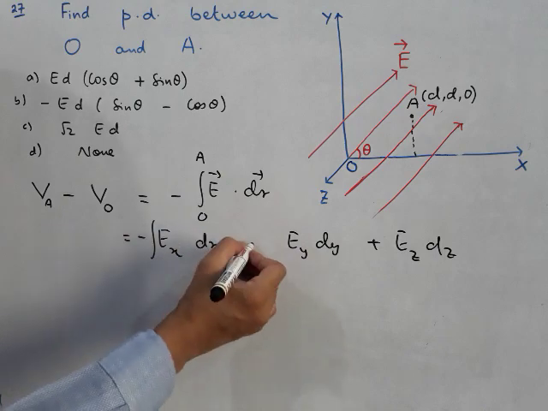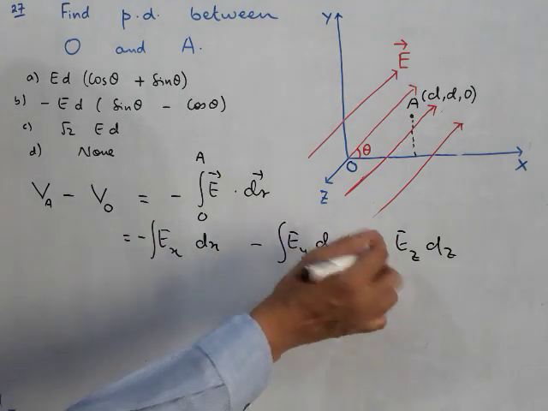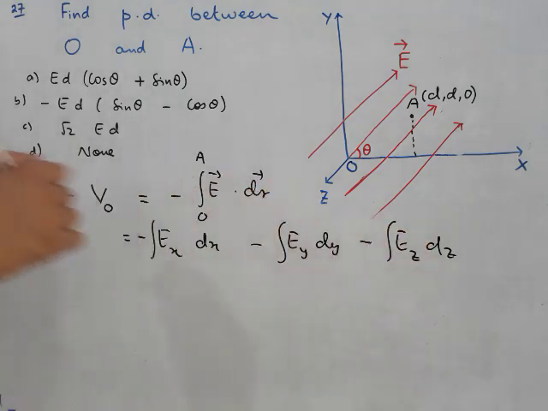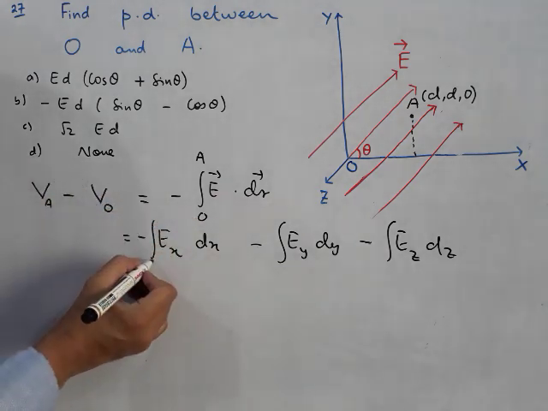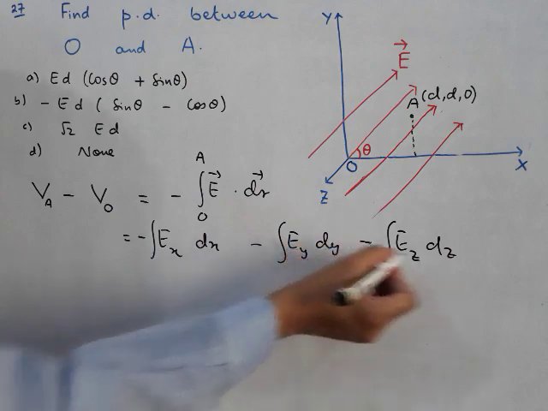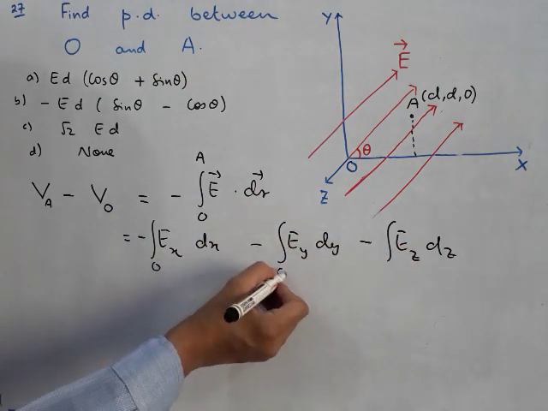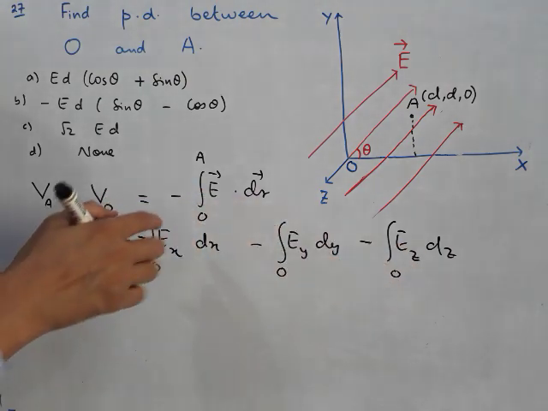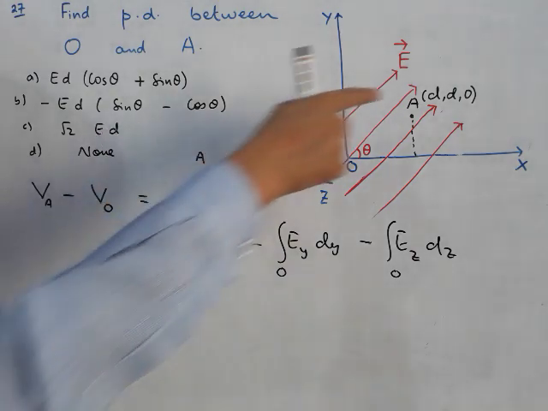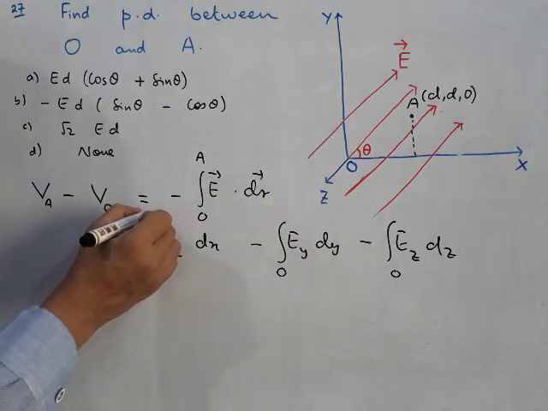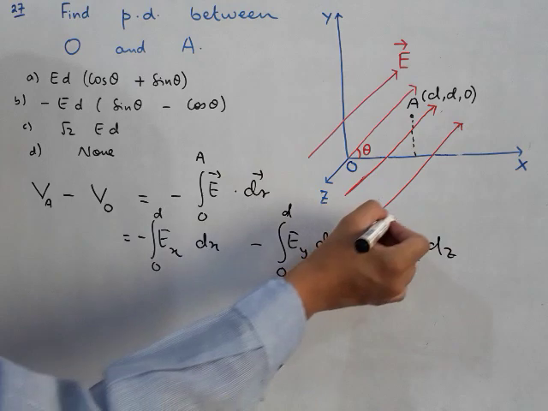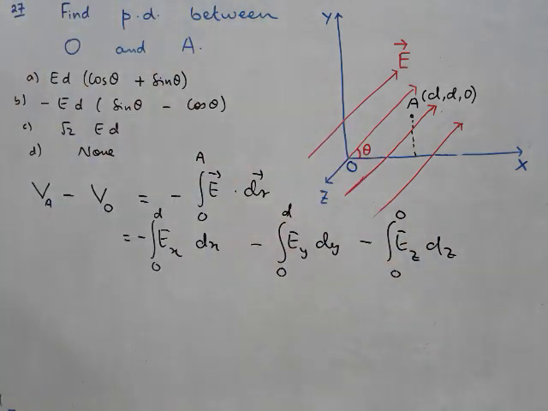So they become minus integral this much, minus integral this much. And then the limits. Limits are from origin O. At O, the values of x, y and z are 0, 0 and 0. And for point A, the coordinates are d, d, 0. So this will be d, this will also be d, and this will be 0. Now it is this equation which we have to solve.